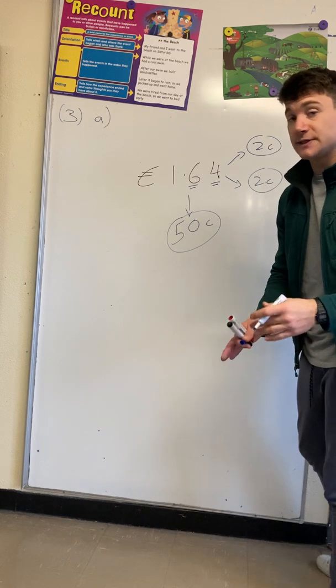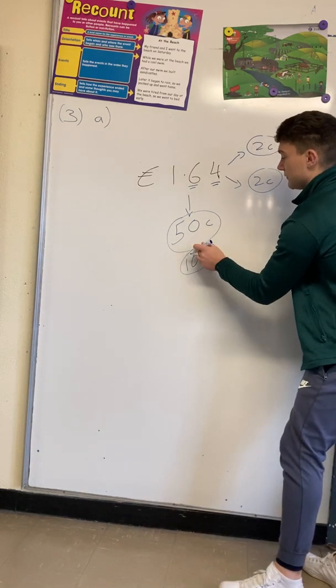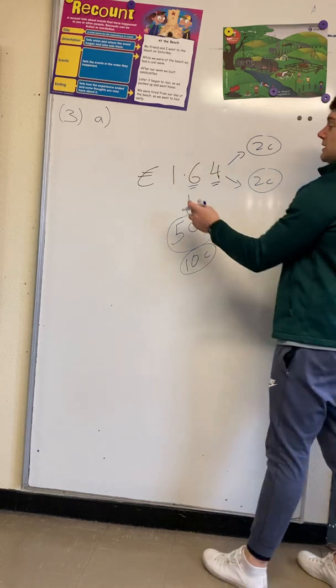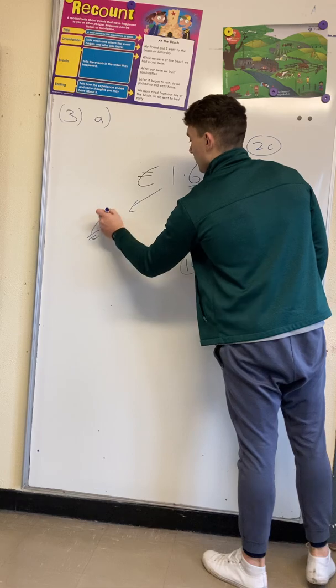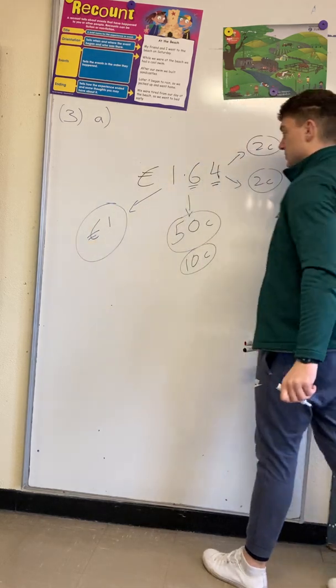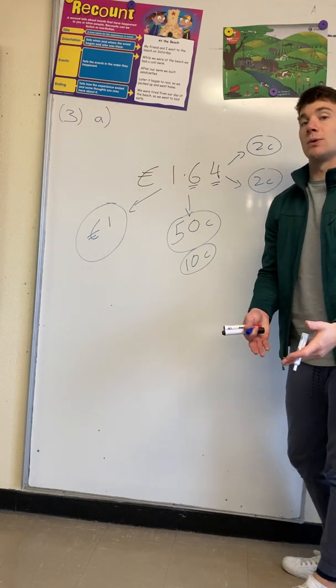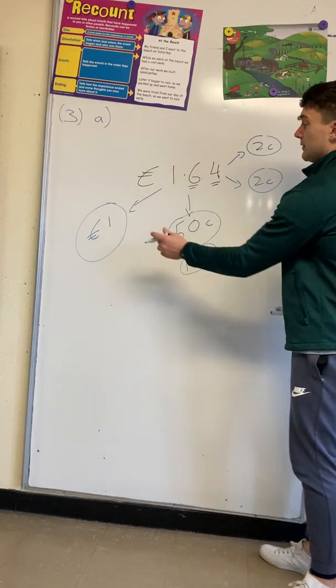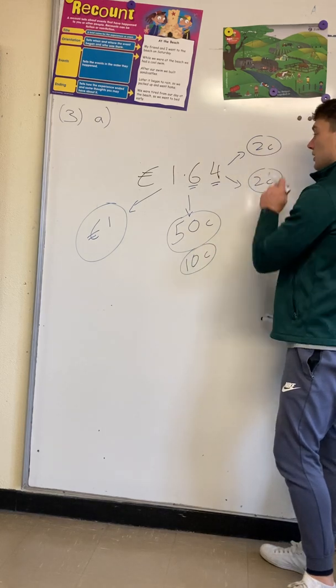Yes, it's 10. Can we get a 10 cent coin? Yes, we can. So 50 and 10, that's that done. And finally, can we get a euro coin? Yes, we can. So what's the smallest amount of coins we can use to make €1.64? 1, 2, 3, 4, 5.